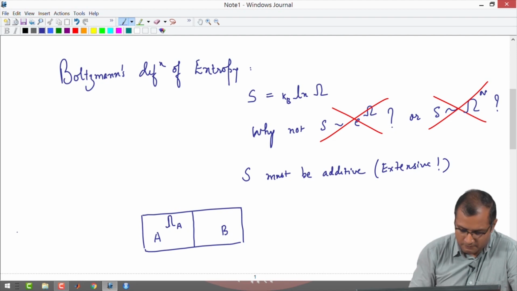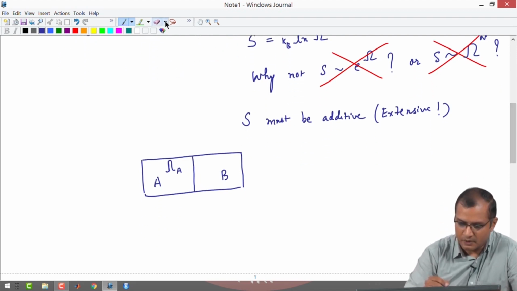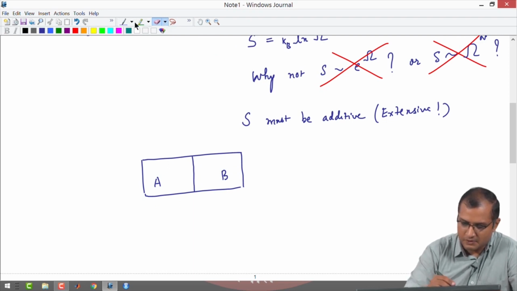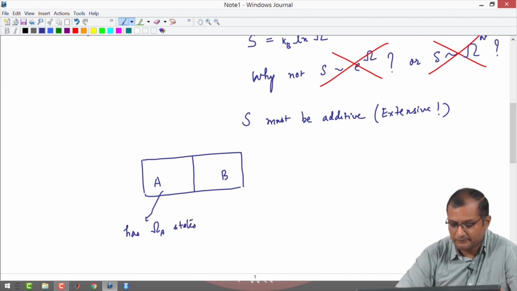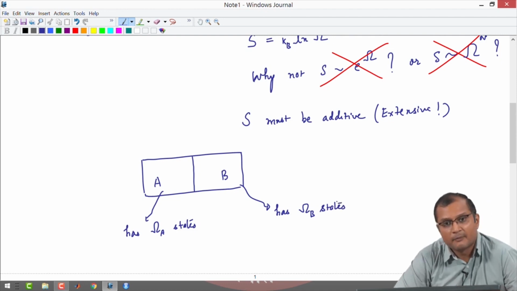So, the number of states for our system A is omega A. I am going to write it outside so that the figure does not become busy. So, this system has these many states, and let us assume that the system B has access to omega B states. These are the numbers of states.